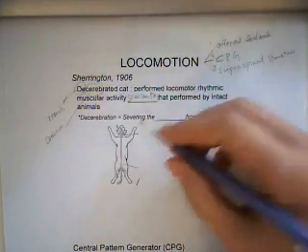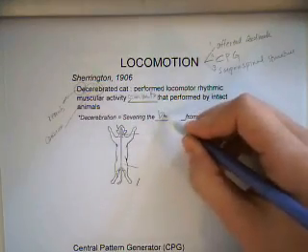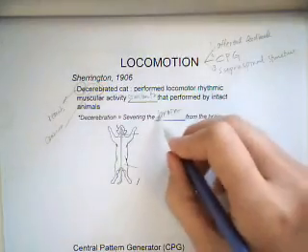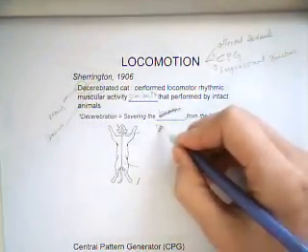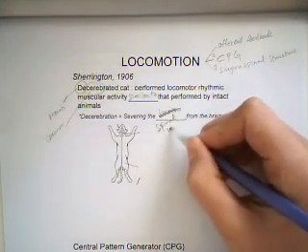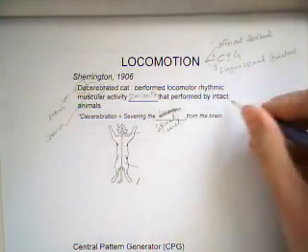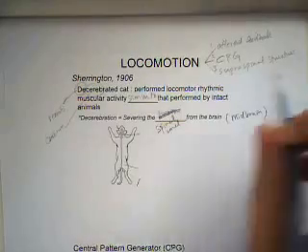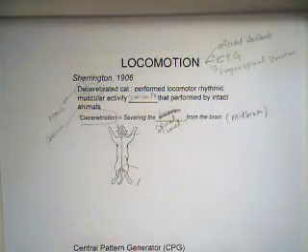So again, this is severing the spinal cord from the brain. The section occurs through the midbrain. That's the definition of decerebration.